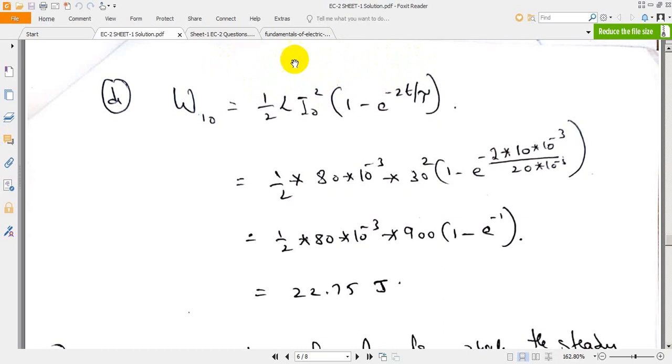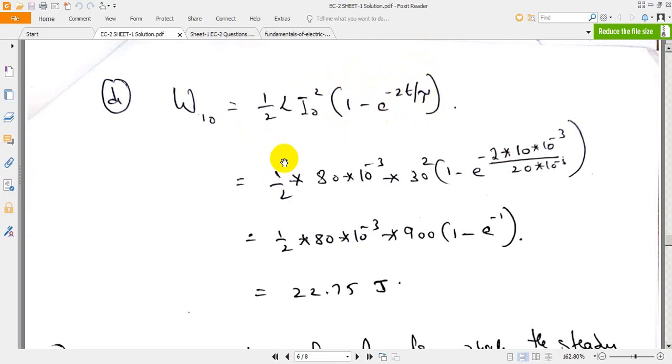W1 is the initial value, and W2 is the final value of energy at 10 milliseconds. As we know, half L I naught squared is constant from the initial term and the final term, so you can write it as 1 minus e power minus 2t by tau.